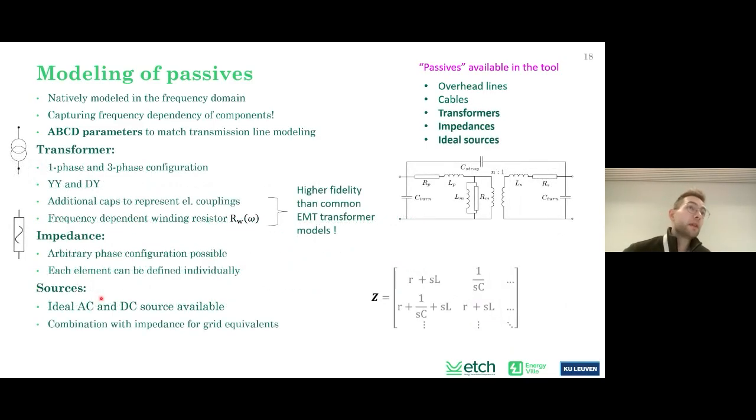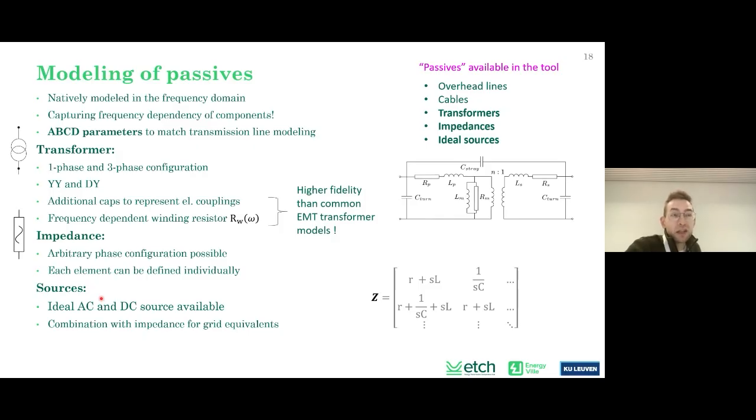Okay, one more slide on the modeling of passives. So we also have a detailed transformer model. It's possible to do a 1-phase or 3-phase configuration. Different winding configurations are possible. And also we upgraded the normal 50 Hertz classical transformer model by having lumped capacitors at the terminals to represent electrical couplings at higher frequencies.